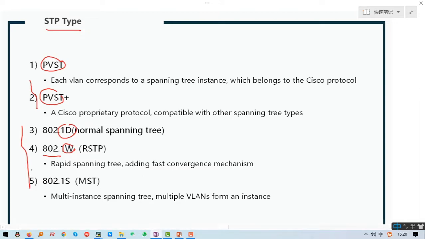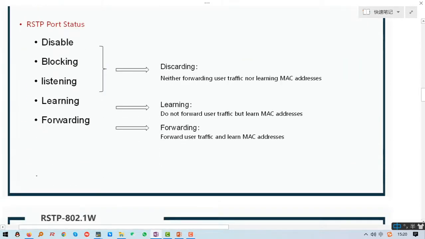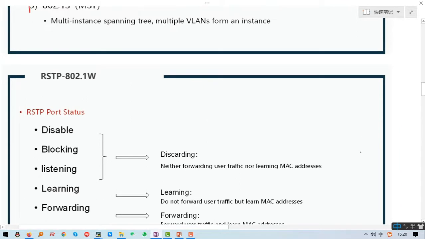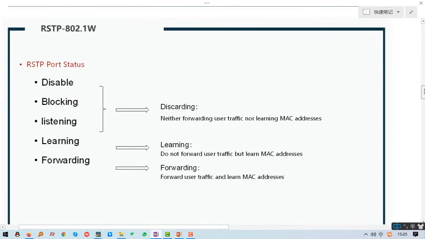So, first of all, there are 5 states in STP, including disabled, blocking, listening, learning, and forwarding.